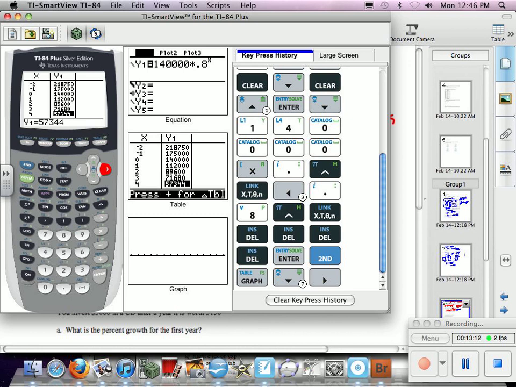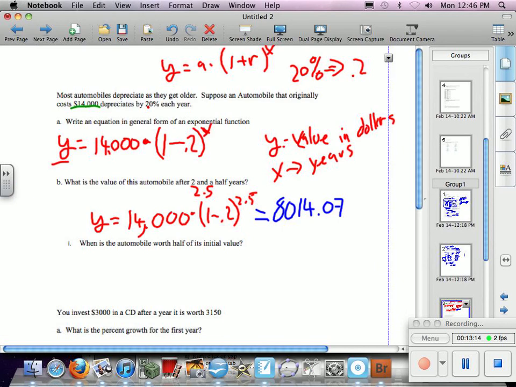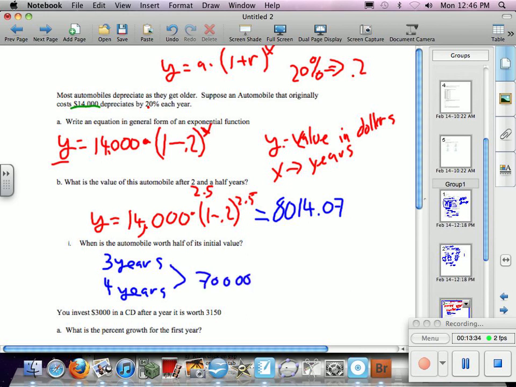It's worth half as much. So we can just estimate that and say, well, between 3 and 4 years, the value will be $7,000. And that's good enough for now.